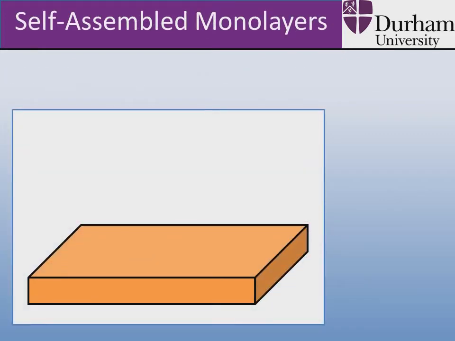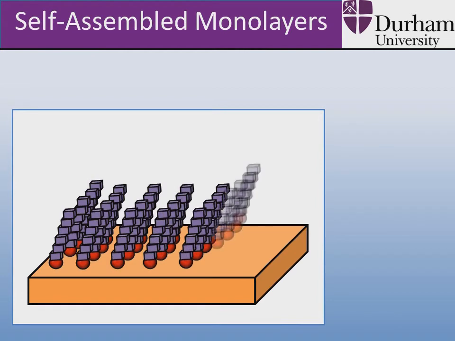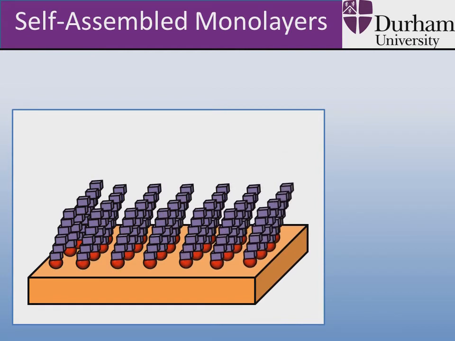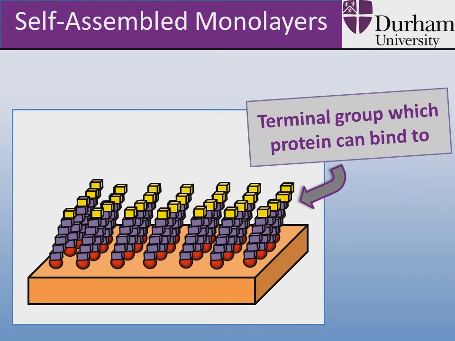Self-assembled monolayers are formed by spontaneous chemisorption of molecules onto a surface, and as the terminal group at the end of the organic chain can be adjusted, a functional group can be chosen onto which proteins would bind.